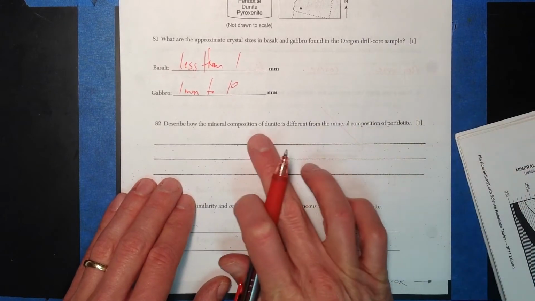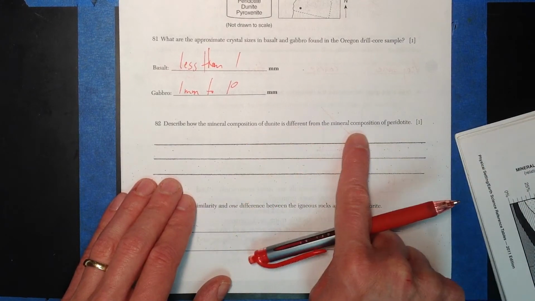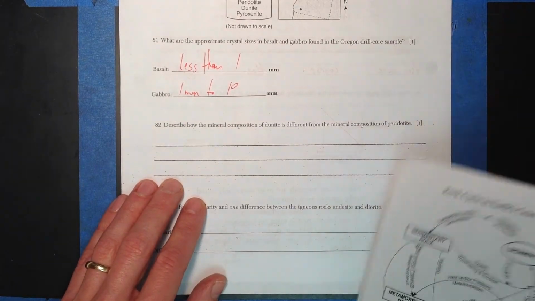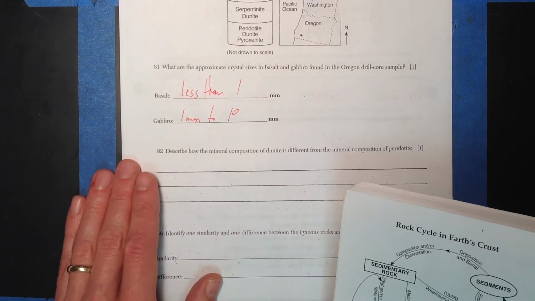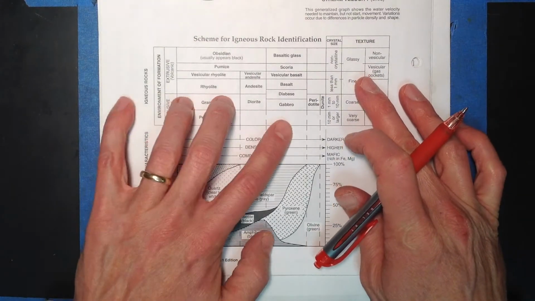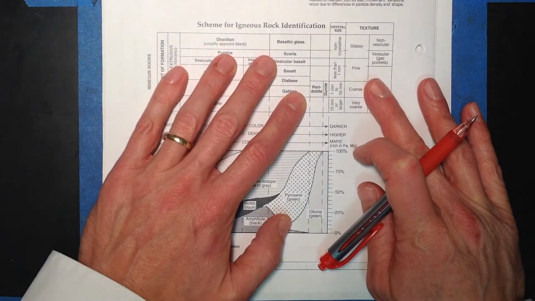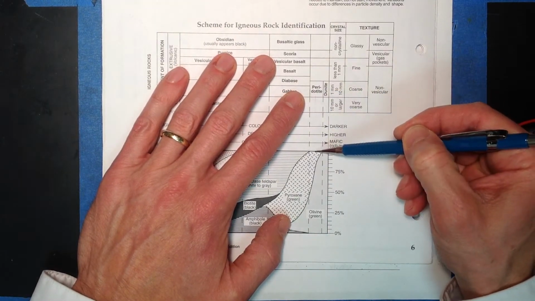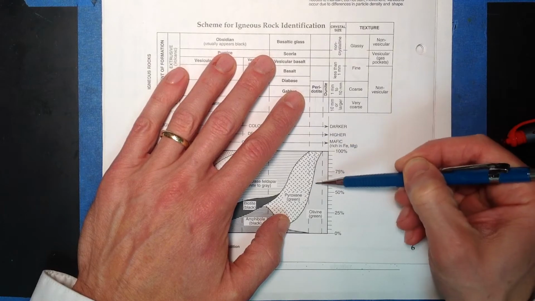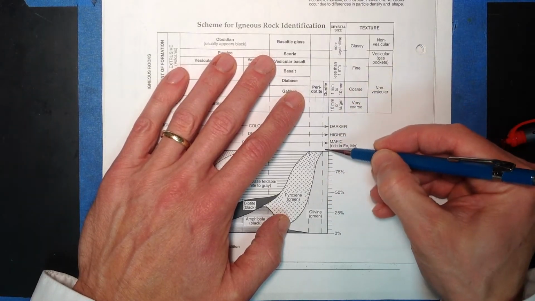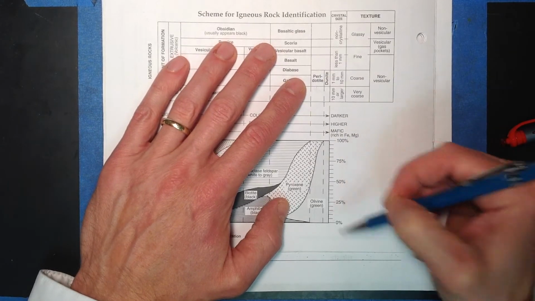82. Describe how the mineral composition of dunite is different from the mineral composition of peridotite. Okay, reference table as well. How are they different? Here's peridotite. These are the minerals in peridotite. You have some pyroxene here, and pretty much the rest is olivine. Dunite, if you look at the minerals in dunite, this little section right here, is pretty much all olivine.